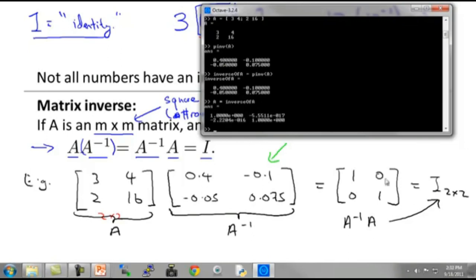And so A times the inverse is essentially the identity matrix. You can also verify that inverse of A times A is also equal to the identity, with ones on the diagonal and values that are essentially 0 except for a little bit of round-off error on the off diagonals.